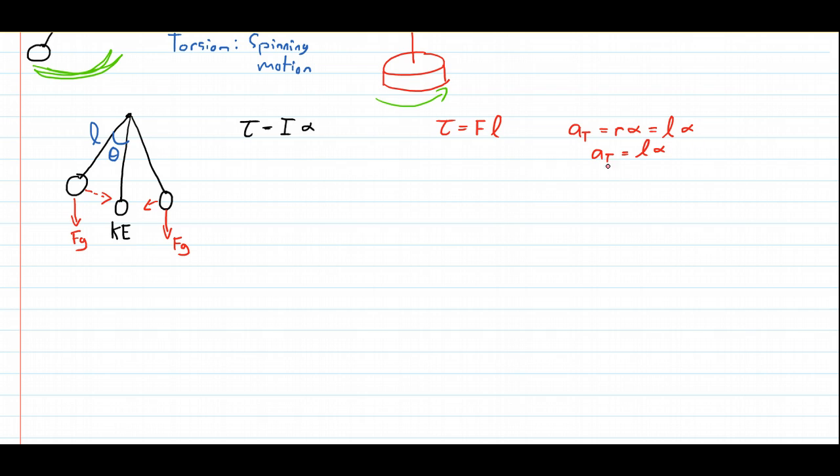I'm going to go ahead and solve this for alpha. So we get a tangential acceleration divided by length of the string. And so I can substitute both of these formulas back into our original formula, and we get FL equals I a_T over L. And so we can see the two L's, and so those simplify nicely.